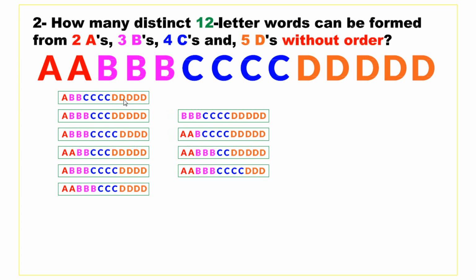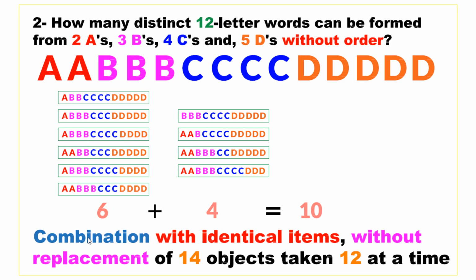As long as we have here 5 D's and 4 C's and 2 B's and 1 A, it doesn't matter in which order we put them, they are going to be regarded as exactly the same word. So we have 6 plus 4 and that is equal to 10.